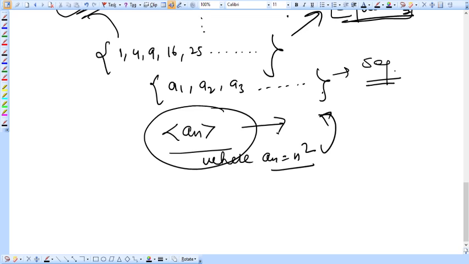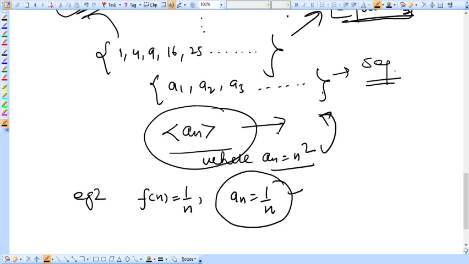Let us take one more example. Here f(n) is equal to 1 by n, or alternatively you can write it as an is equal to 1 over n. As we understand the concept, we will not be using the f notation; this is the notation we are going to carry forward.